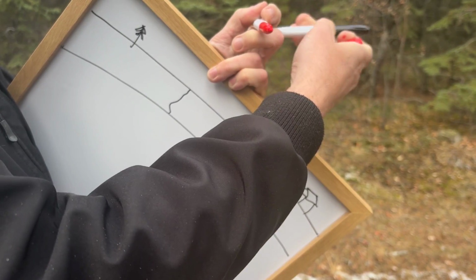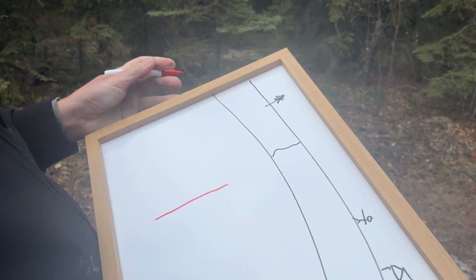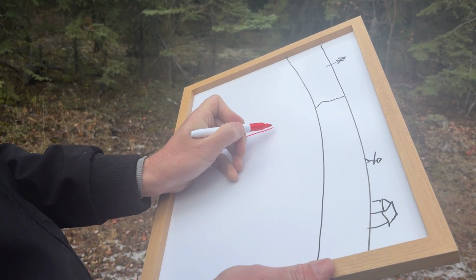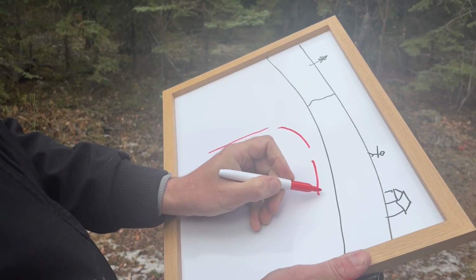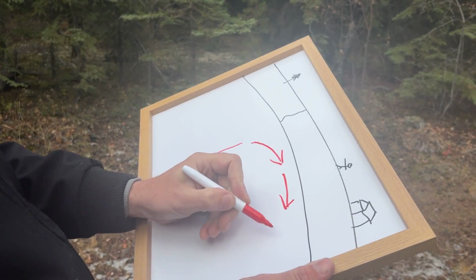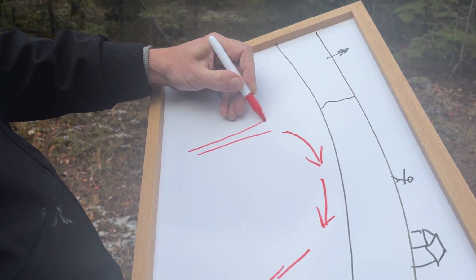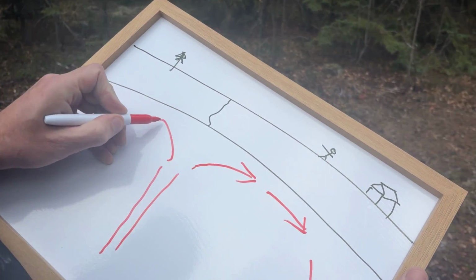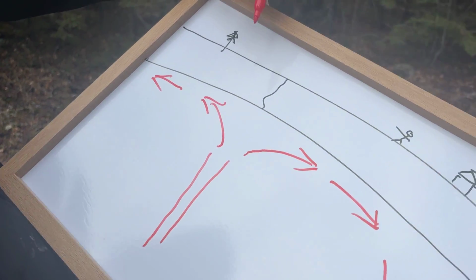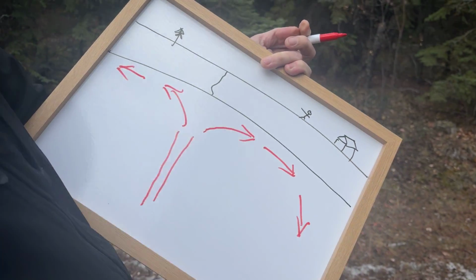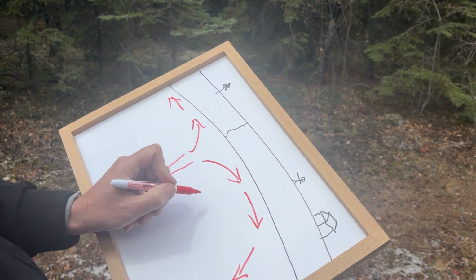The conventional model is that you've got hot magma coming up, and then when it gets to the surface, you get one coming up this way, and this is the mantle convection.